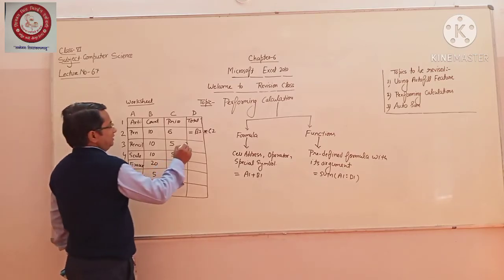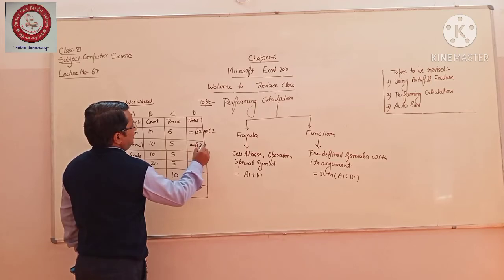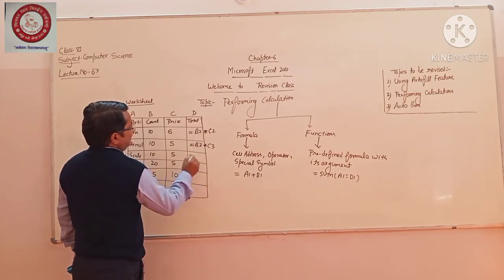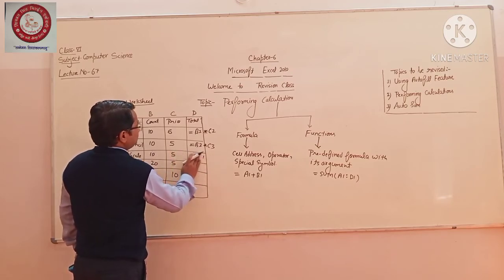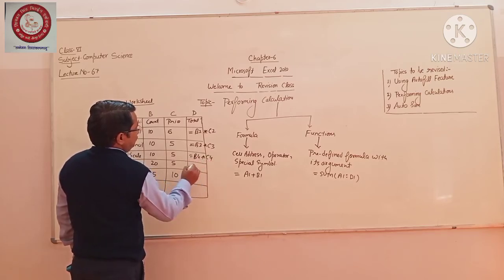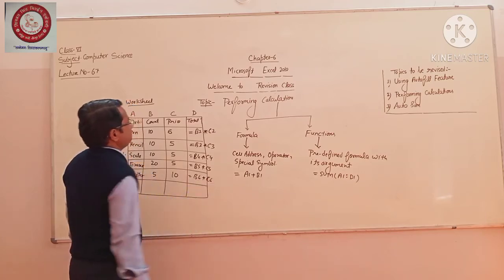Right? In the same way, you can write equal to B3 into C3. Here you can write B4 and write here C4. Then after B5, C5 and B6 into C6. Okay.